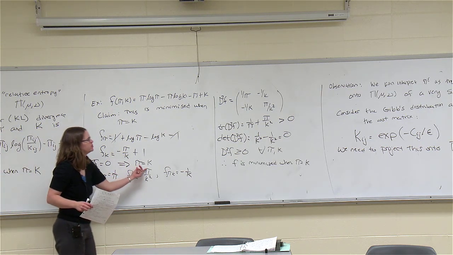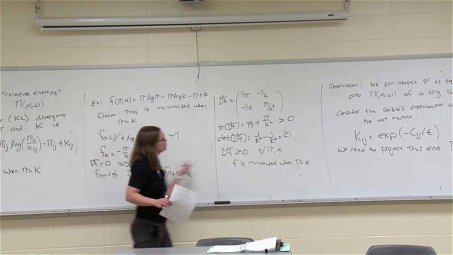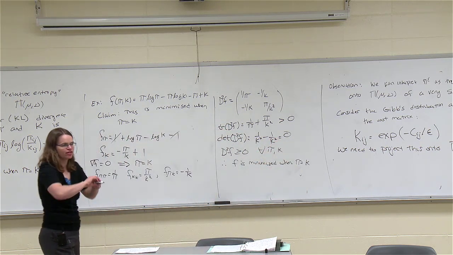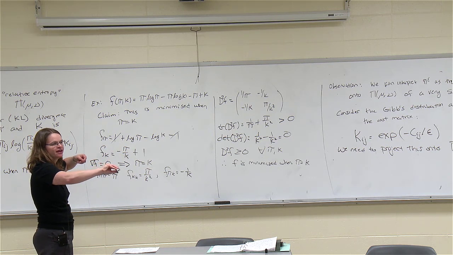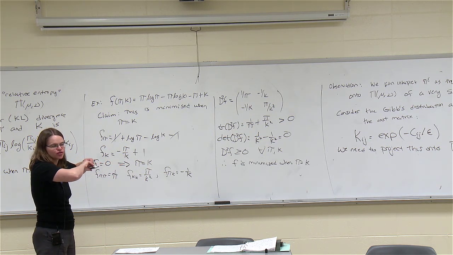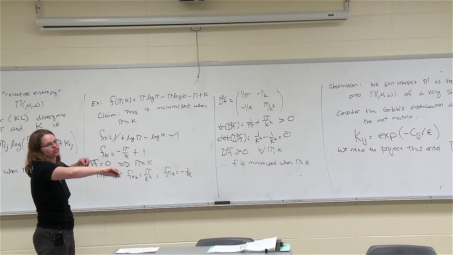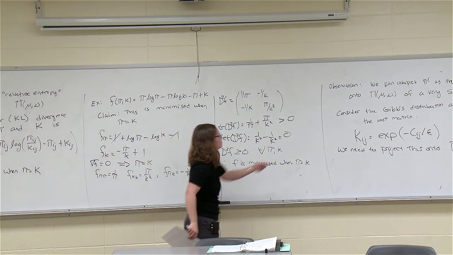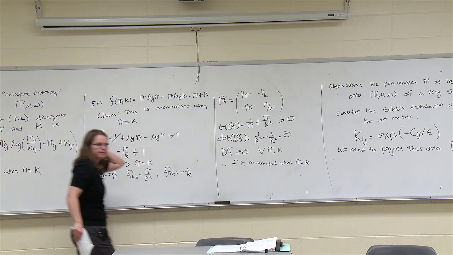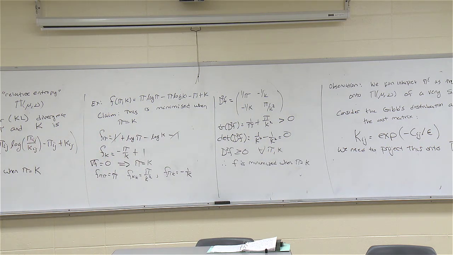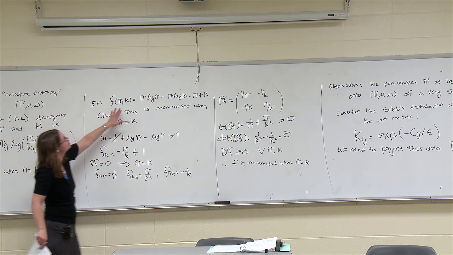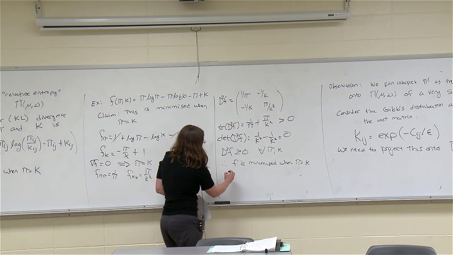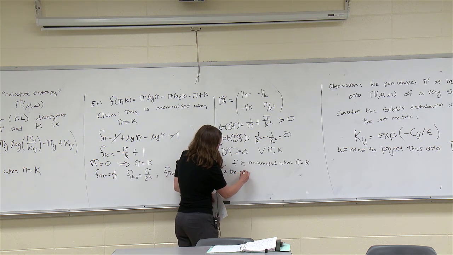I guess this condition means we should expect this kind of degeneracy, because along this line where pi is equal to k, f is actually constant. So if it's constant, then its second derivatives in that direction are also 0. So we should probably expect a 0 eigenvalue here. So with two variables, this thing is minimized when pi is equal to k, and the minimal value is 0.